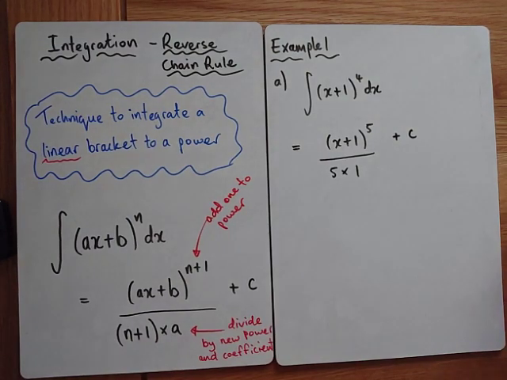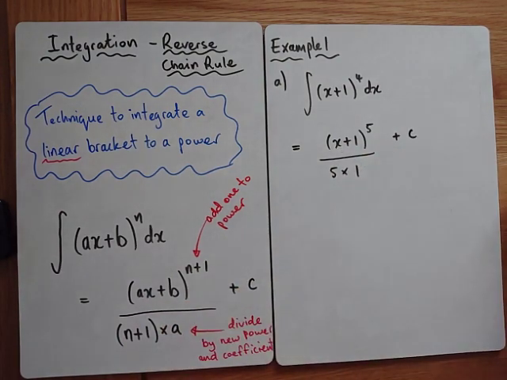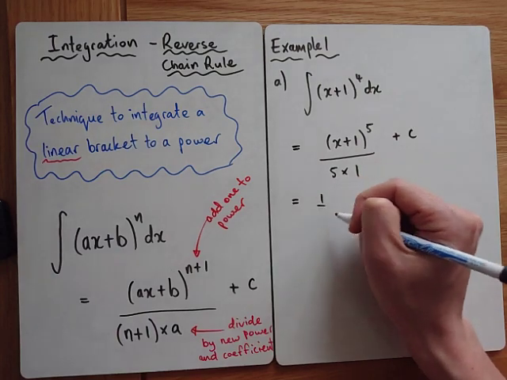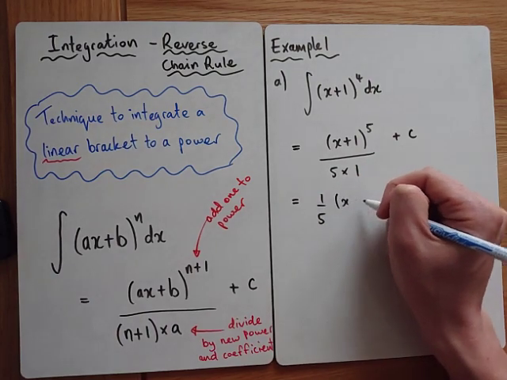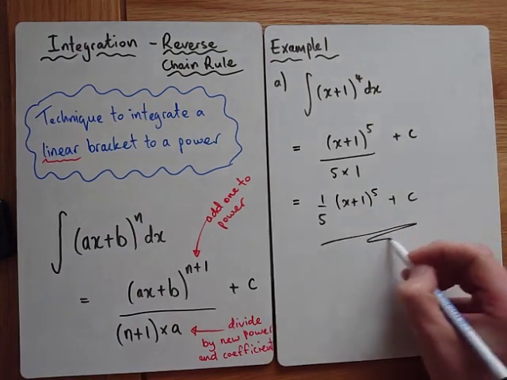You could just read this, divide by 5, but just be careful, because if that was like 3x, you'd have to divide by 3 as well. I suppose we could tidy it up, we could write it as 1/5 (x plus 1) to the power of 5 plus c.